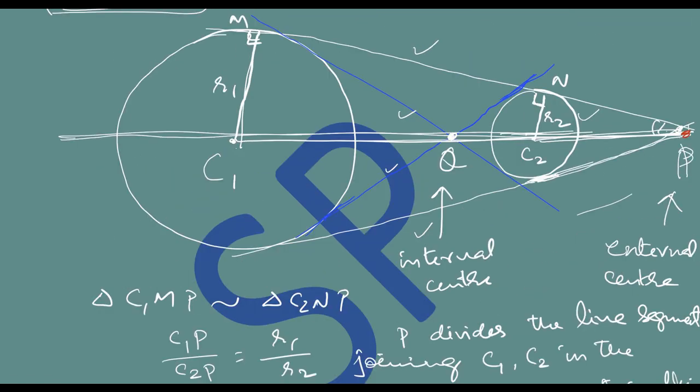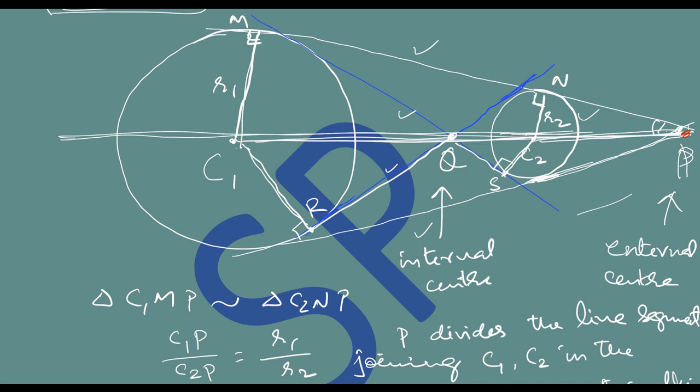Similarly, if I assume that here R and S are the points of contact of the transverse common tangents, then joining these we know that this is perpendicular and here we know that this is perpendicular. Now observe that this triangle and this triangle are similar triangles.